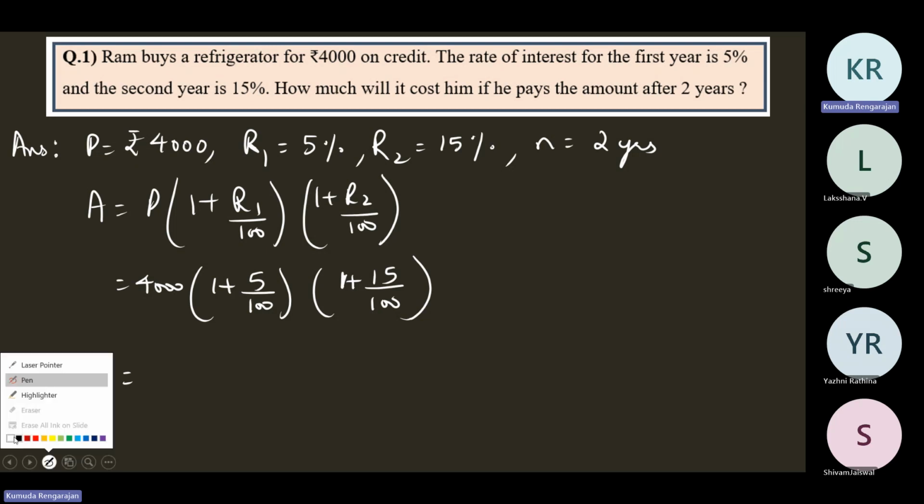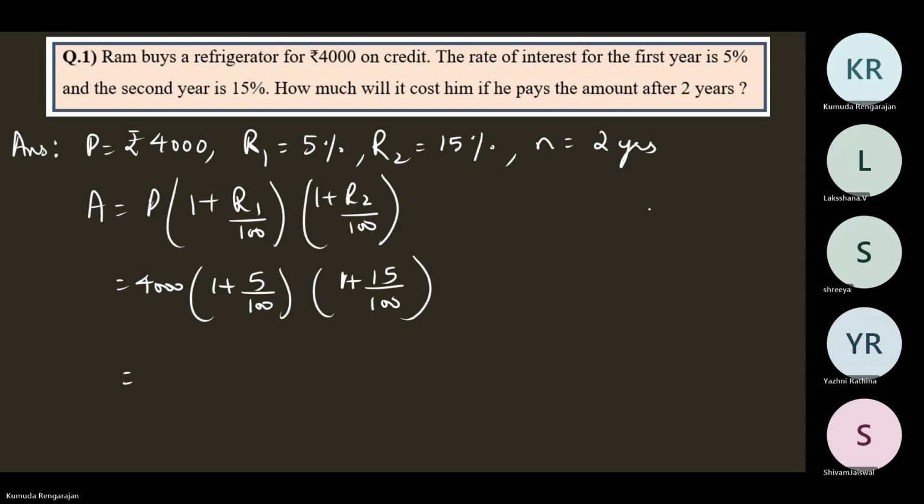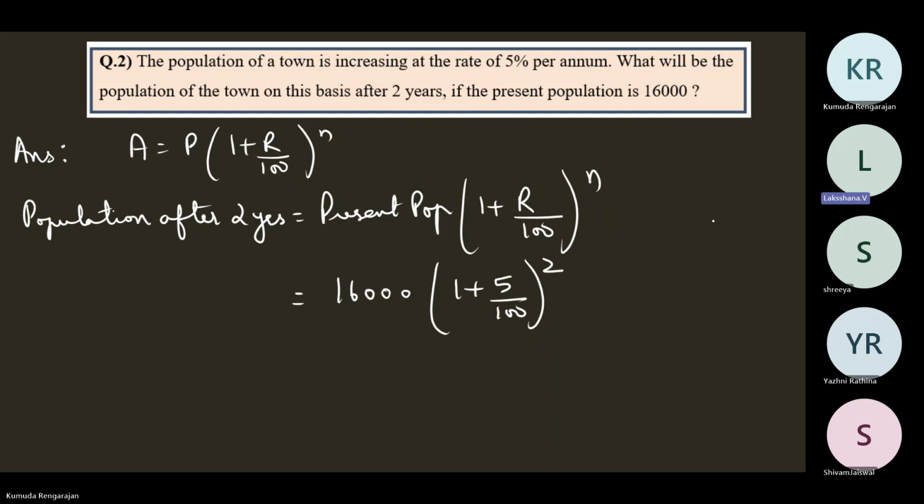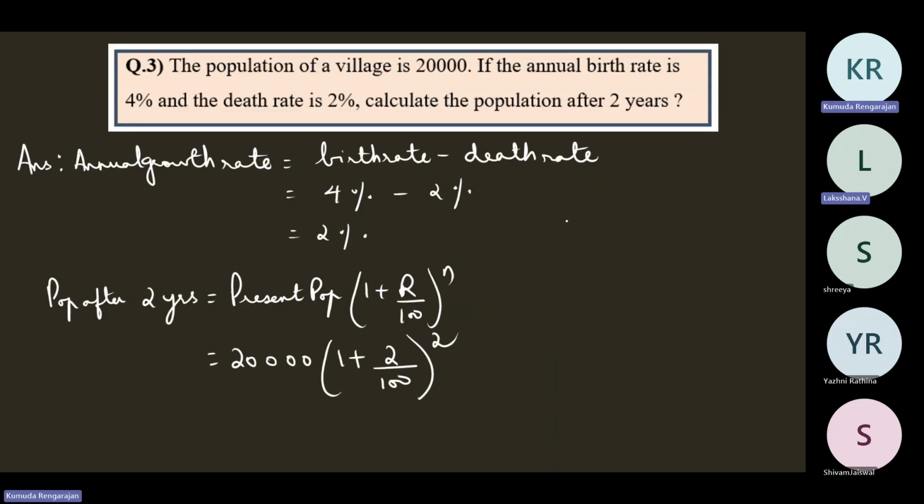Tell me, what's the answer for this one? I got it as 4,410. Okay, fine. Then this one? I got it as 17640. Okay. Yeah, this one? 20808.